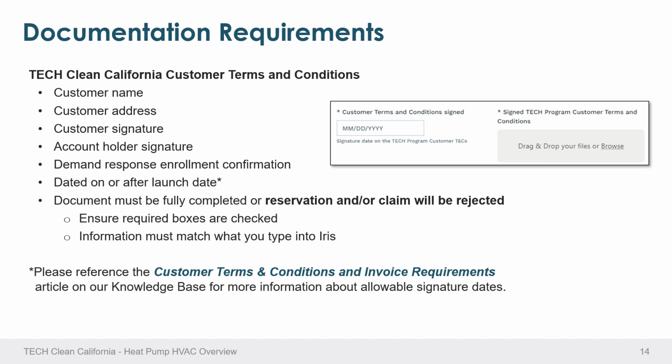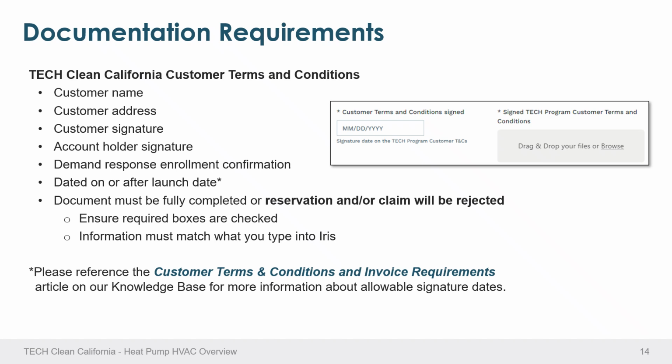Next, let's take a look at the TechClean California Customer Terms and Conditions document. This will require the customer name, address, signature, as well as the account holder's signature, in addition to demand response enrollment confirmation, and it must be dated on or after launch date.